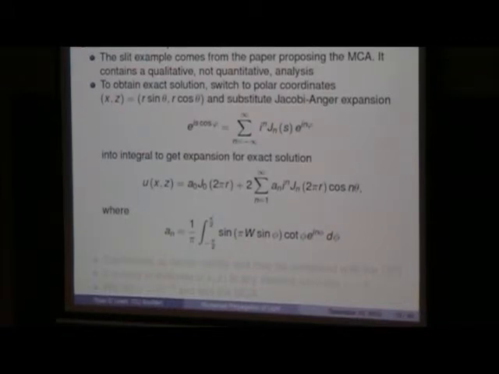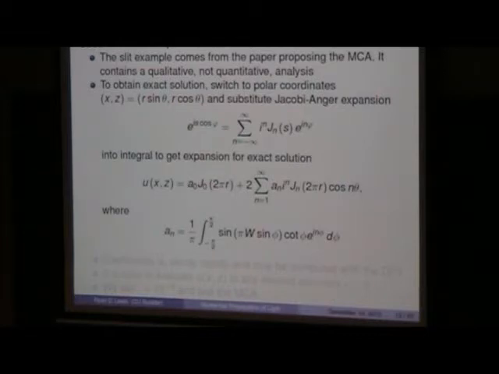So does the algorithm work? In order to decide that, we need to do a quantitative comparison. We need to compare the output of the algorithm with an exact answer. It turns out in this particular case, you can obtain an exact answer. One way to do that is to substitute the Jacobi-Anger expansion into the Rayleigh-Sommerfeld integral.